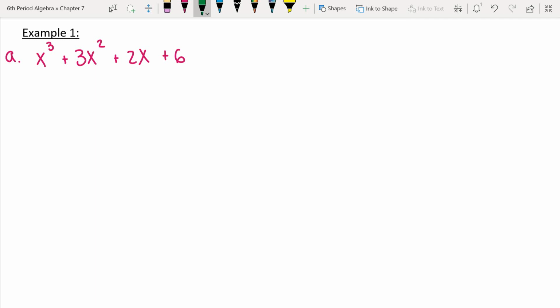So that means I can just move on to grouping them into pairs. 4 terms mean a pair of 2. So I like to use brackets. So I'm going to put a little bracket on the bottom between x cubed and 3x squared. That's a pair. And another bracket around the other terms, 2x and plus 6.